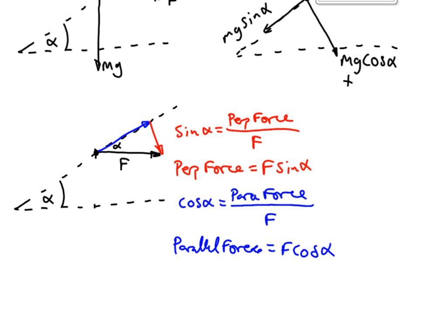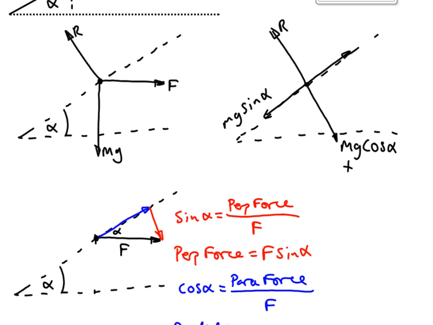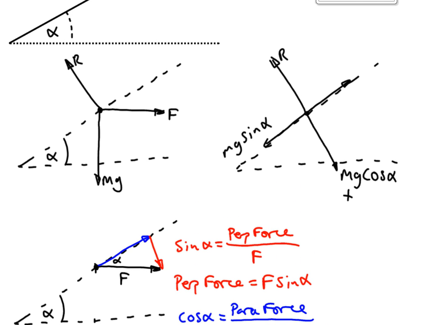So we've done that, we can put those two forces onto our free body diagram. Parallel, we're going to have F cos alpha, and perpendicular, we're going to have F sine alpha.